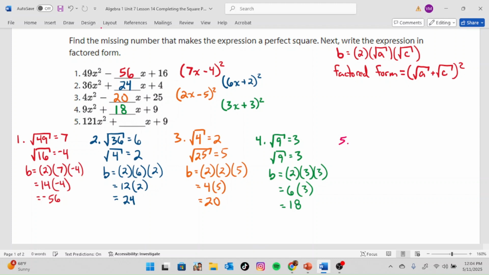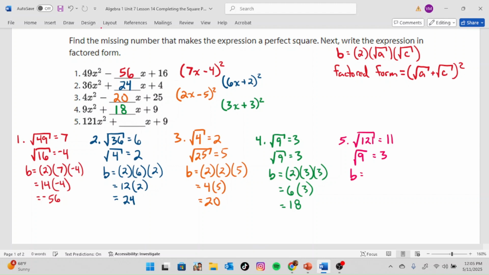And finally, number 5, the a term is 121. So the square root of that is 11. The c term is 9. So the square root of that is 3.